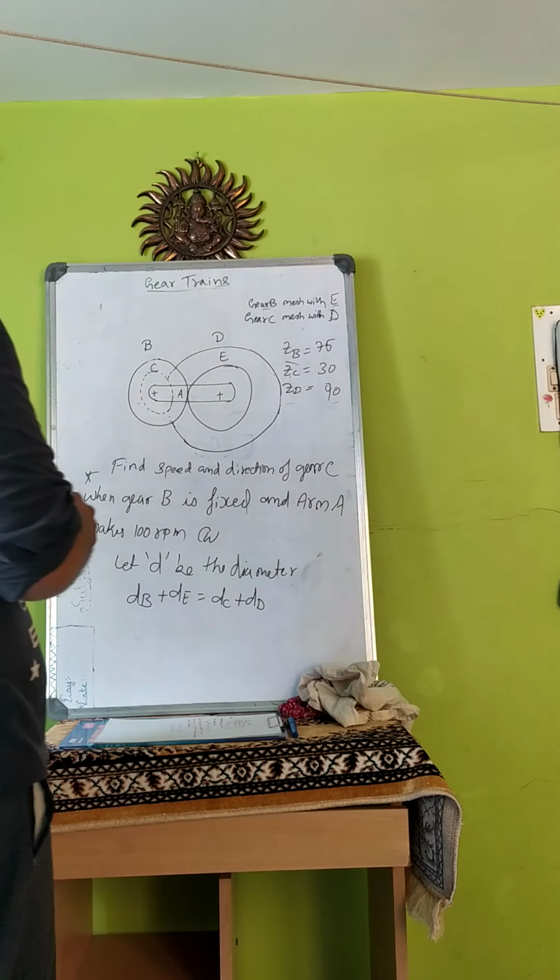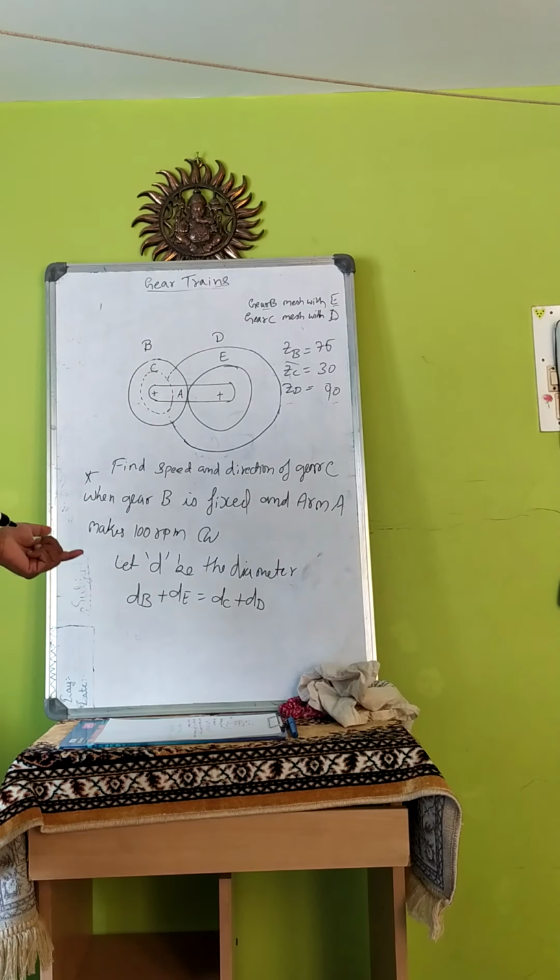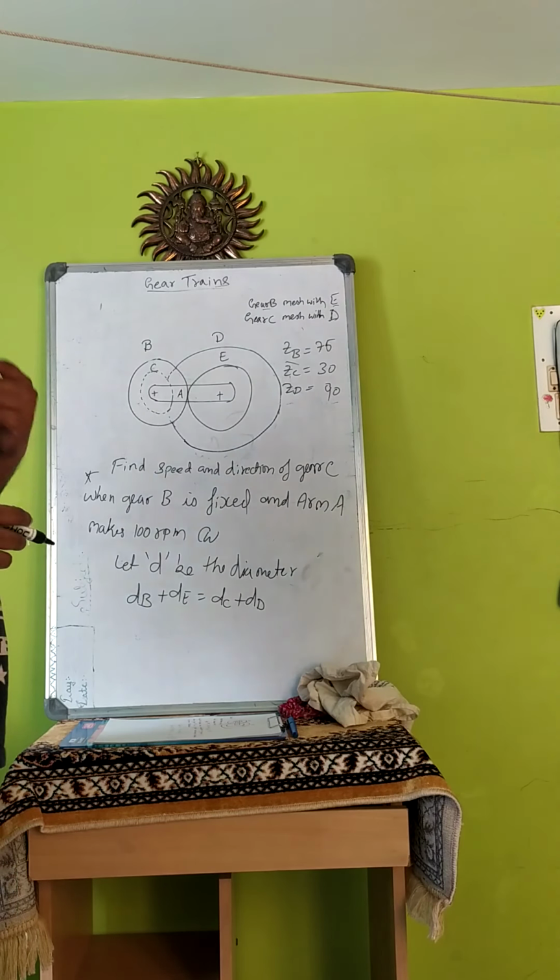Then there is a relationship between the diameter and the number of teeth: the diameter is directly proportional to the number of teeth.